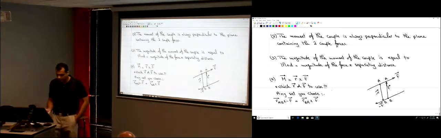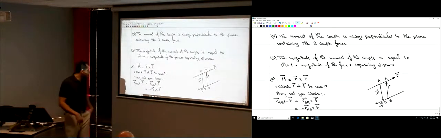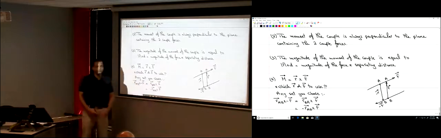Are those equal to each other? Yes. R_BA is negative R_AB, so they are the same. Whether you use this one or this one, it's the same.